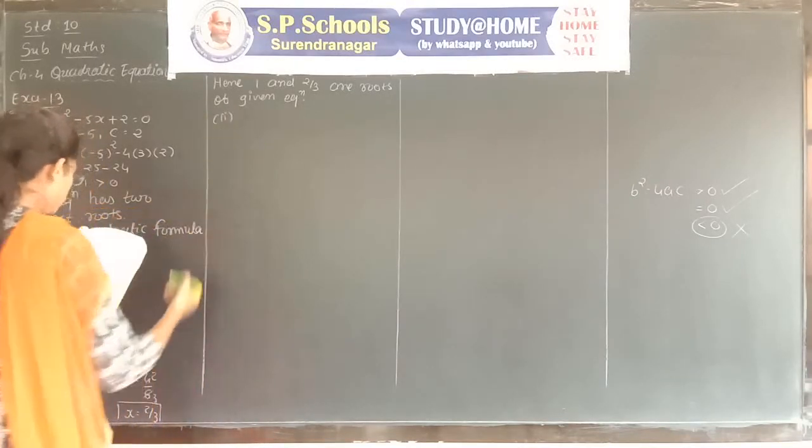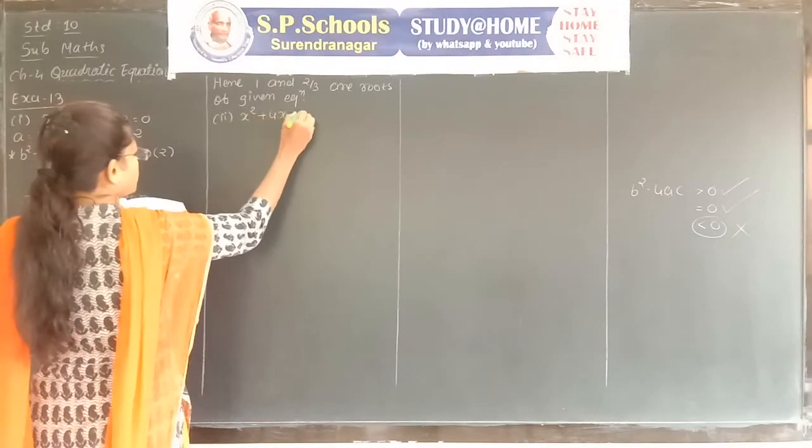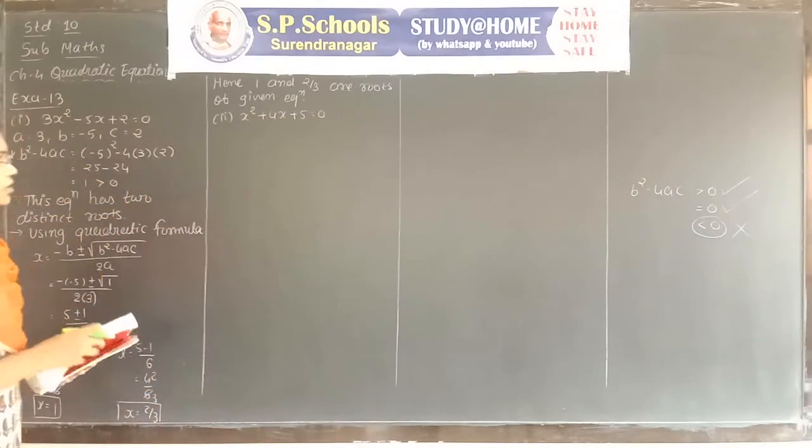Now the second one is x square plus 4x plus 5 is equal to 0.